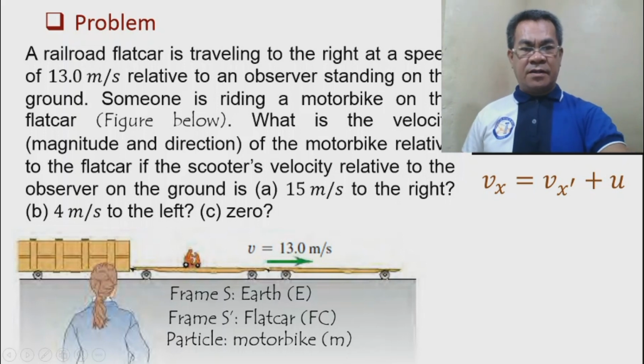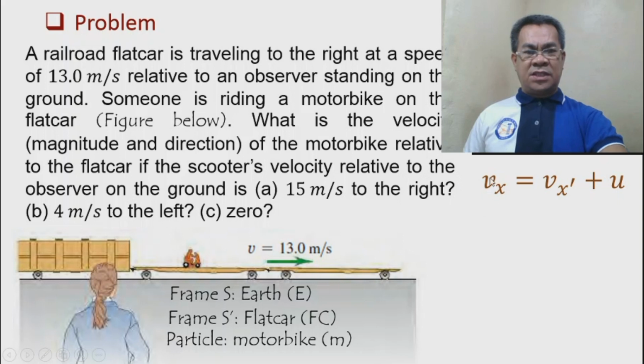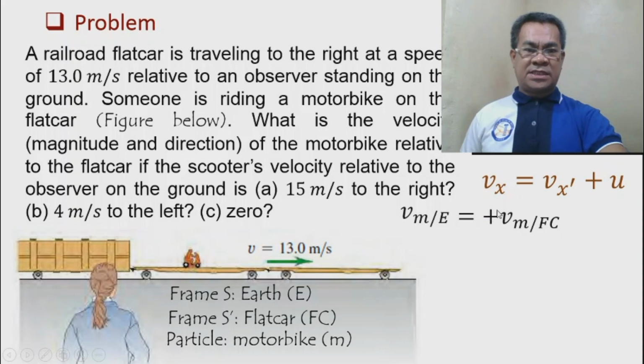Therefore, what is Vx? Take note, Vx is the velocity of the particle with respect to Earth, so this is the velocity of the motor with respect to Earth, M slash E. This should be equal to Vx prime, which is the velocity of the motor with respect to the flat car, plus u.